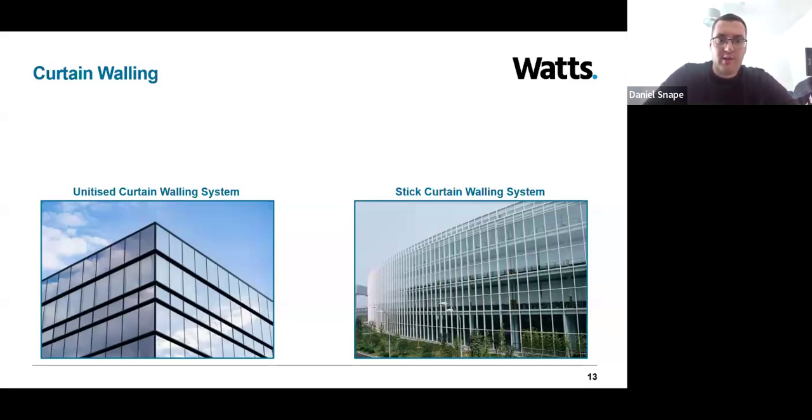Curtain walling can typically be split into two different forms: unitized curtain walling, which you can see on the left, and stick curtain walling, which you can see on the right. The left image shows a unitized curtain wall system.